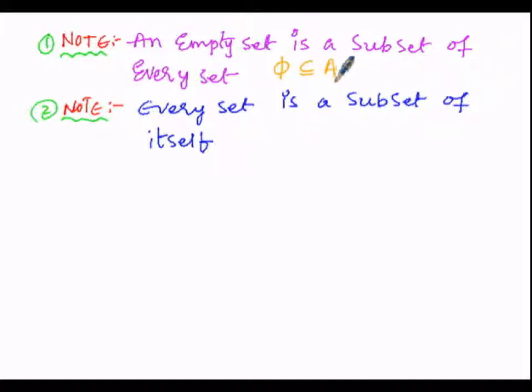A is any set. If we consider A as any set, then every set, let us consider it as A, is a subset of itself. So itself is again A. So A is a subset of A itself.